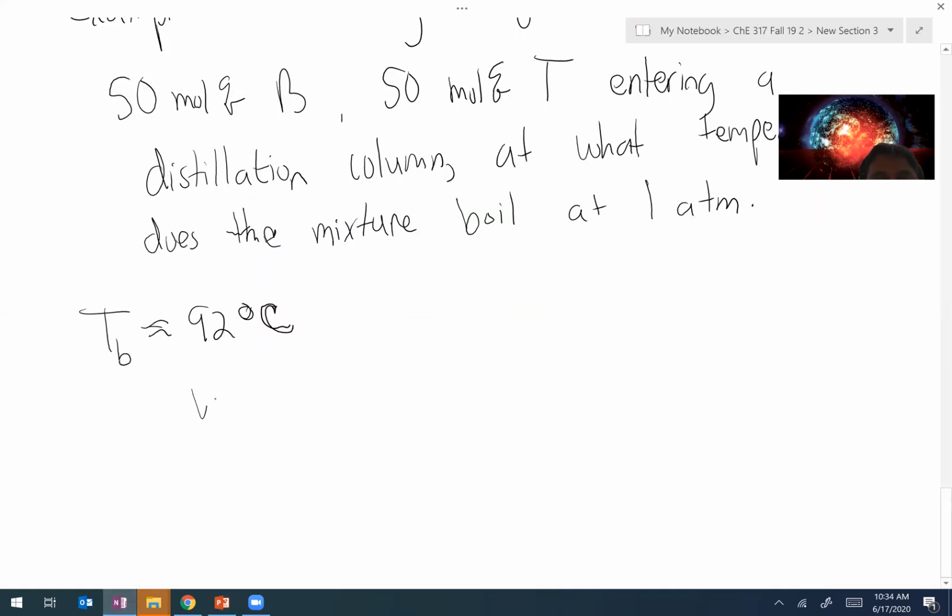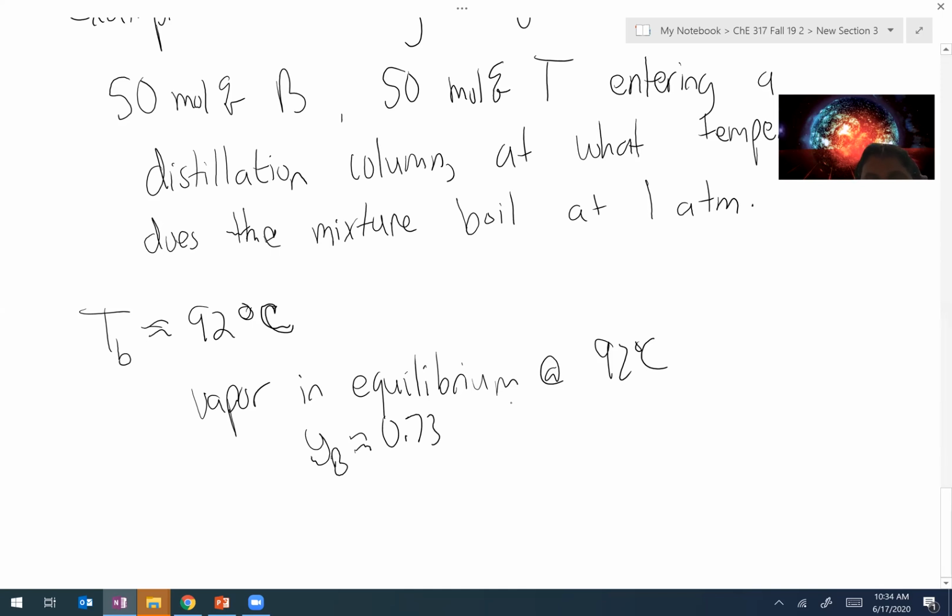So I could say the vapor in equilibrium at 92 degrees C is approximately 0.73 benzene and 0.27 toluene.